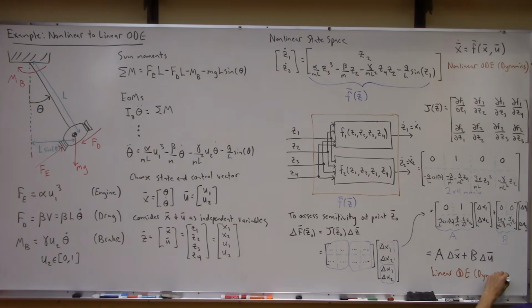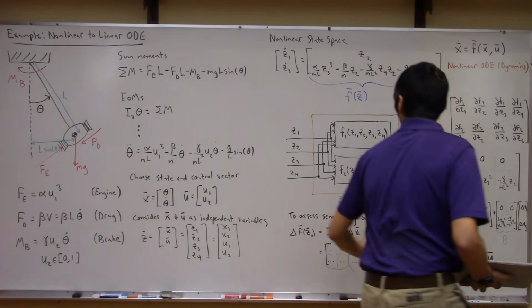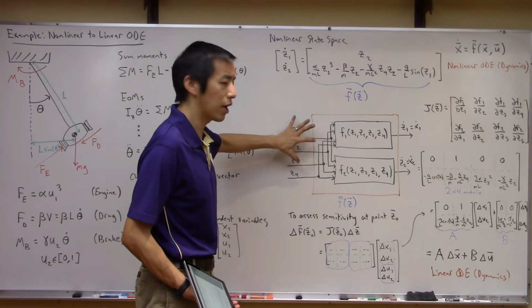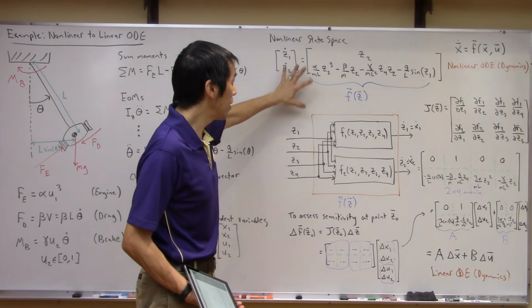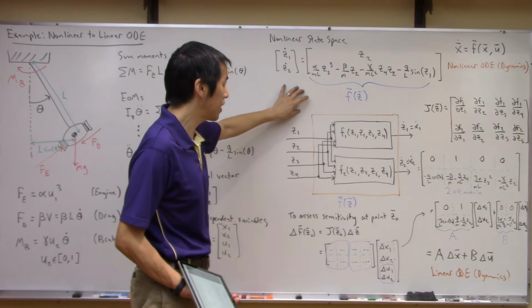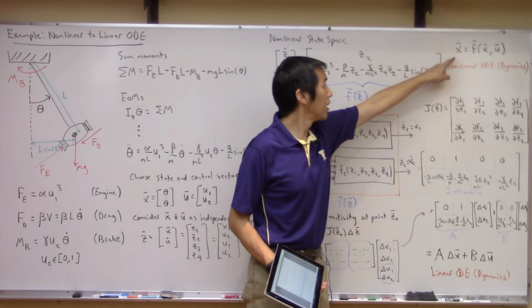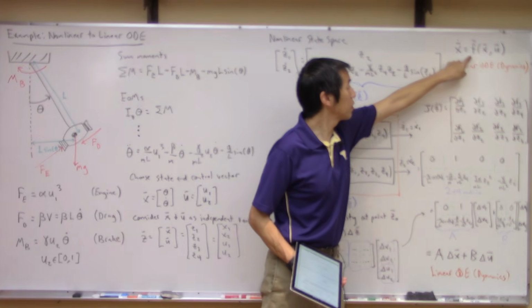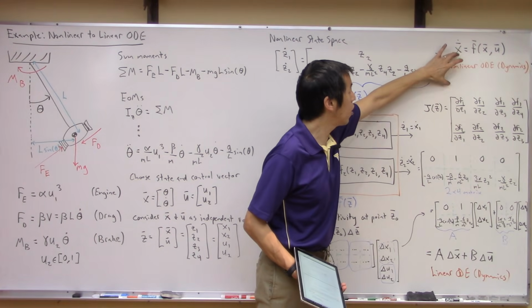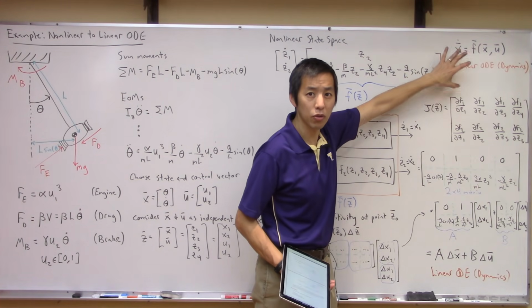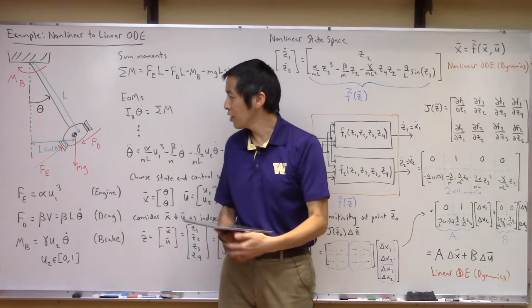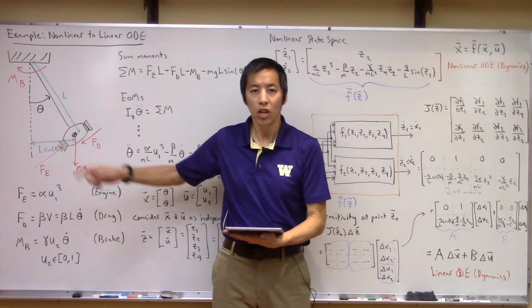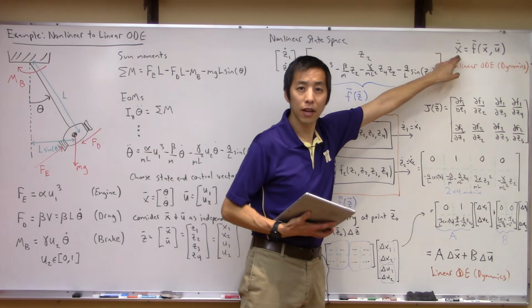And remember, where did we start from? We started from this function. It's ugly, it's nonlinear. At the end of the day, this is describing x dot is equal to f of x and u. This is your nonlinear ODE, your set of dynamics. So if you have an ugly nonlinear system like this, you can describe it here.